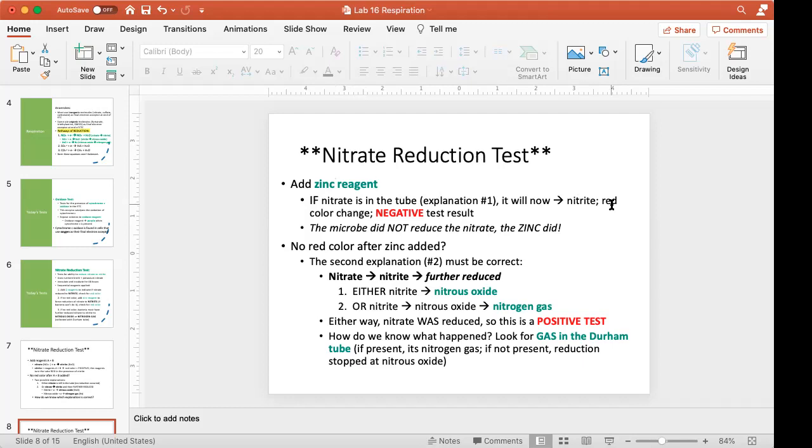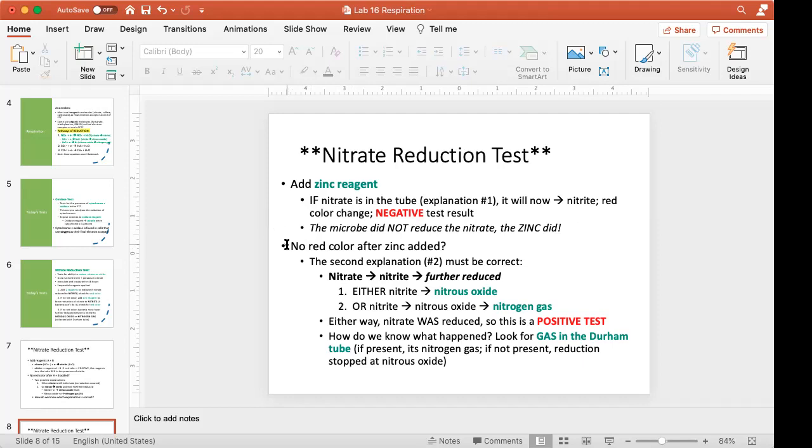And you're going to get a red color change because the zinc will take the nitrate and make nitrite. That is a negative test result because the microbe didn't reduce the nitrate, the zinc did. The zinc did it.